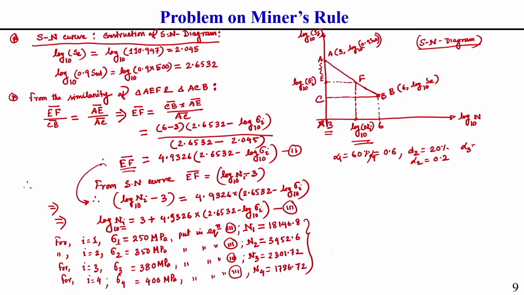Similarly, alpha 3 is 10%, so 0.1, and alpha 4 is again 10%, so 0.1.